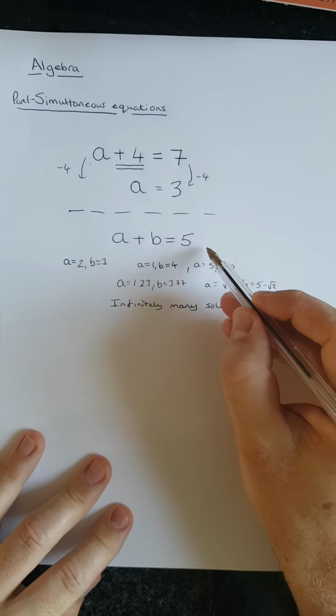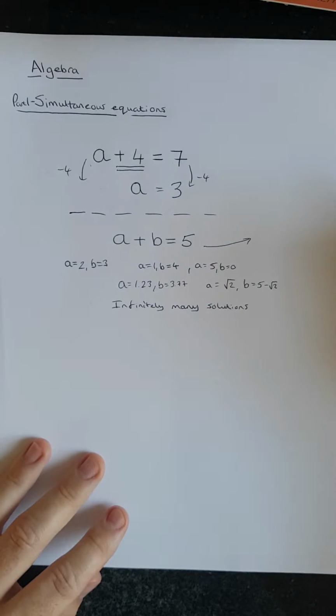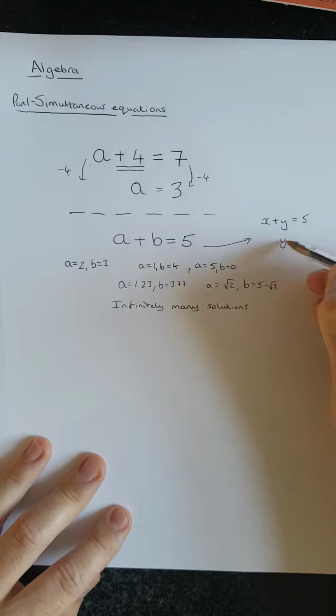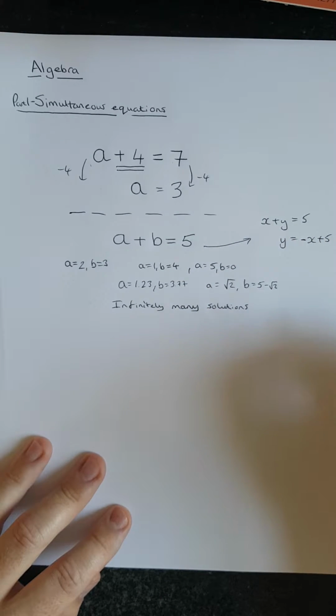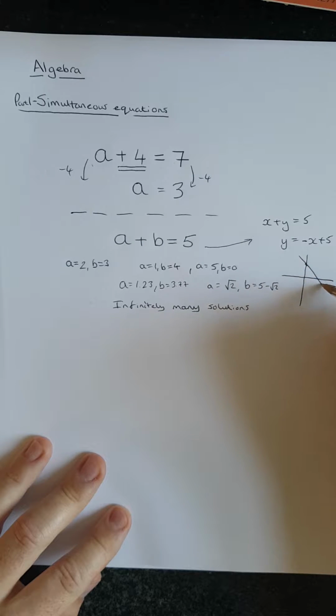Now, as a quick side note for some of you who will have done some work on graphs already, let's imagine this said x plus y equals 5. Well, I could rearrange that to get this, which would be a straight line graph going through 5 with a gradient of -1.